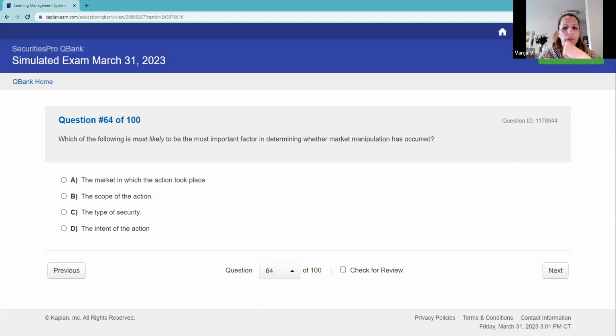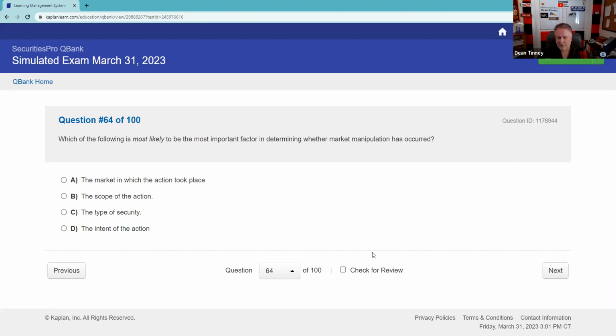The market in which the action took place, I don't think so. I'm between B and D, the scope of the action or the intent. Let's go with D, the intent of the action. I would think, if you're a supervisor and you have that broker in your office, it's not so much the scope we're worried about. The scope of the action is important, but really what was the intent, right?